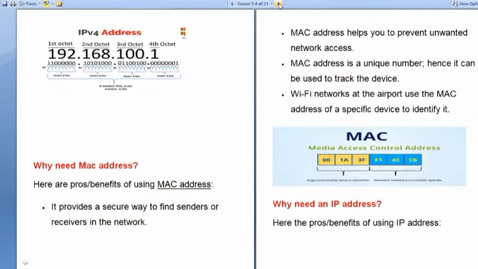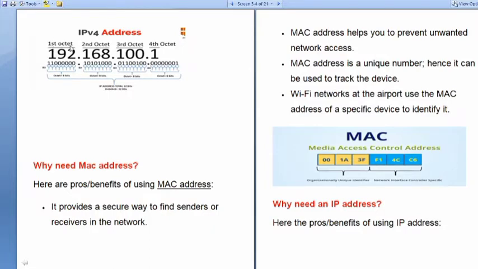Now there are two types of IP address, IPv4 and IPv6. We'll get into that slowly, but before that, you just need to know that an IP address looks like this: 192.168.100.1. Each of these groups is known as an octet.